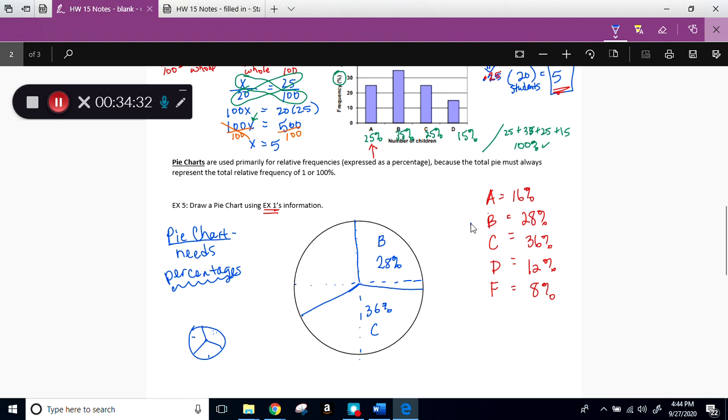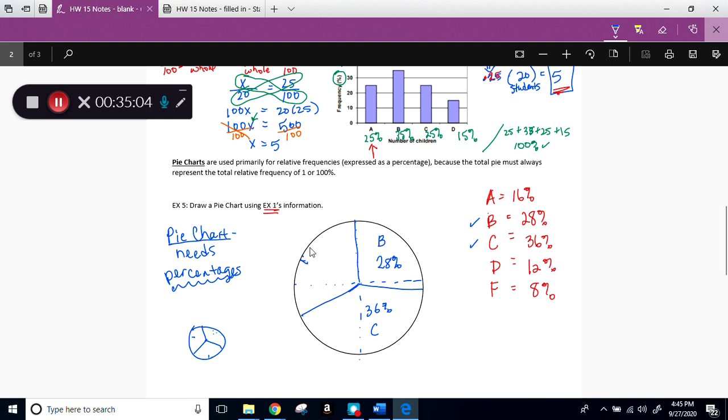Now, what do we have left? We've done those two. We've got 12 and 8, which is 20, plus another 16 is 36. So this area should be about like this area, okay? And we've got 12, 8, and 16. So the 16 is a little less than what the 20% of them together would be. So a little less than half of that is kind of my 16.